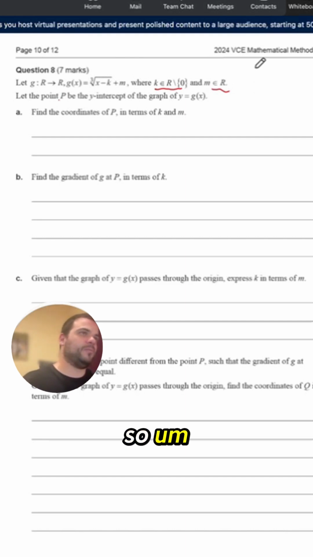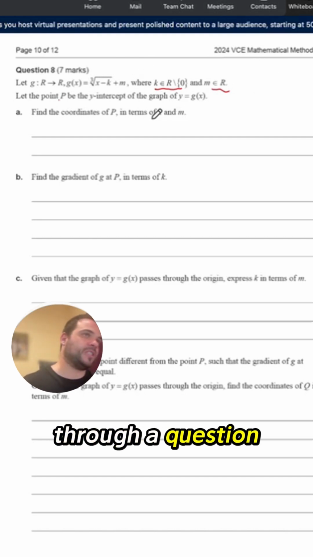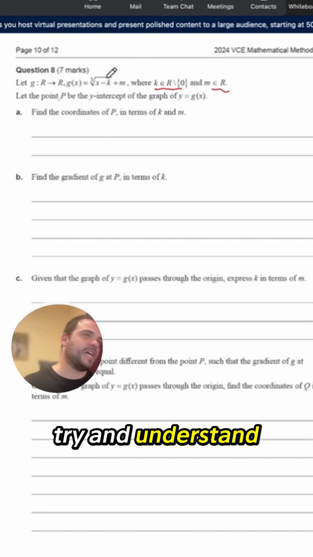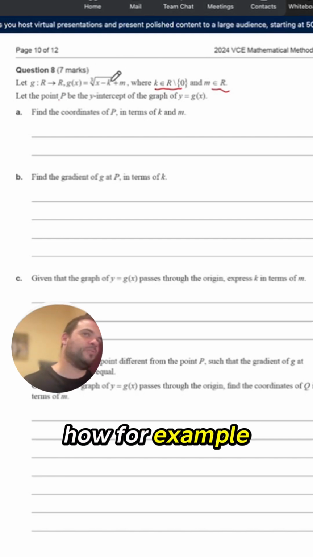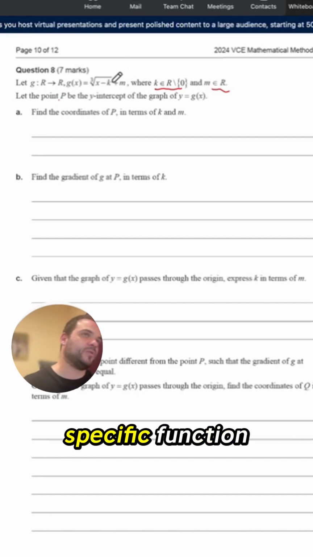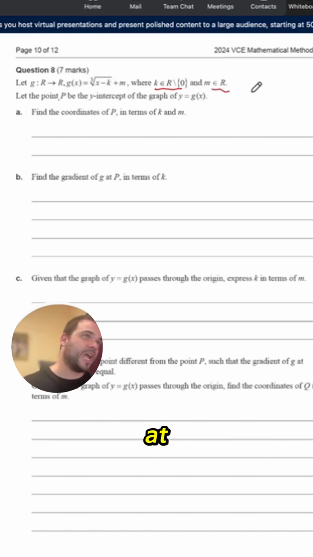So what I do when I'm working through a question like this is I try and start with the most basic example, the most basic function of that kind, and then I try and understand how, in this question, the parameters k and m affect the actual specific function g that I might be looking at.